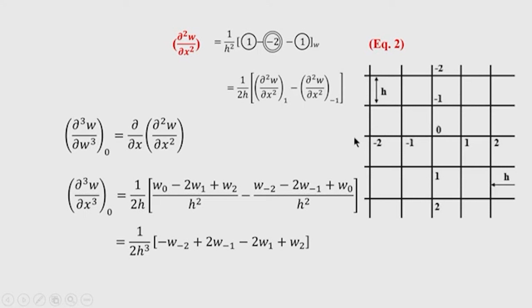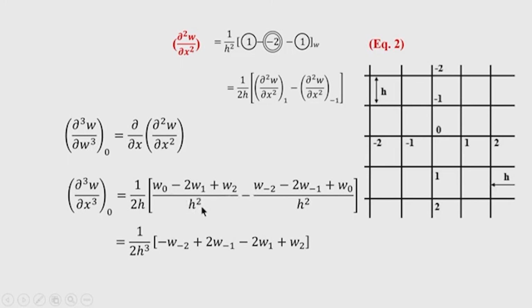In that case, for this second derivative, we can write w naught minus w1 plus w2, and here we can write w minus 1 plus w naught and plus w minus 2.